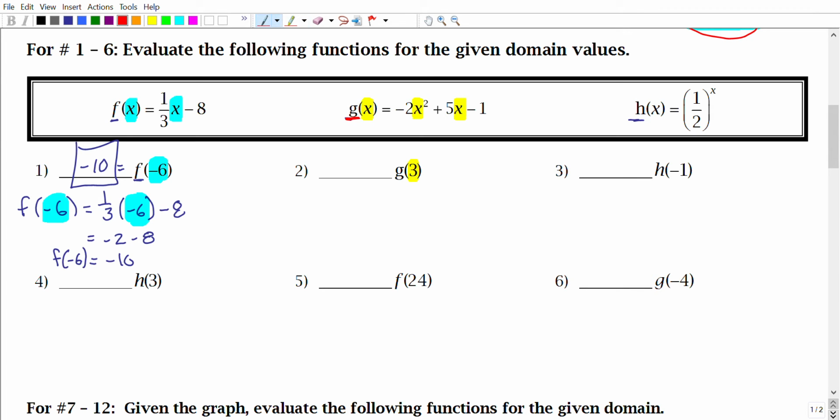So we have, let me use a different color here. So we have g of 3 equals, well, let's see, negative 2. Wait, I see an x there, so let's put a parentheses and in a 3 squared plus 5. Again, another x right there. So I'm going to put another 3 minus 1.